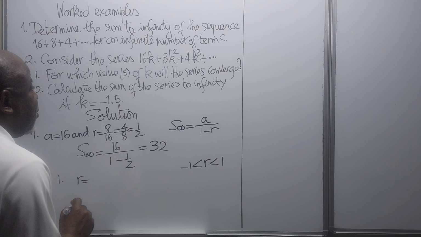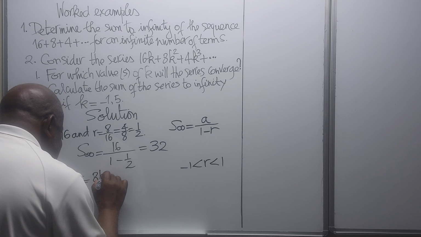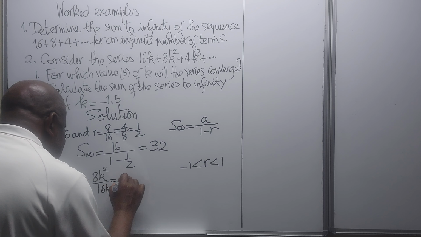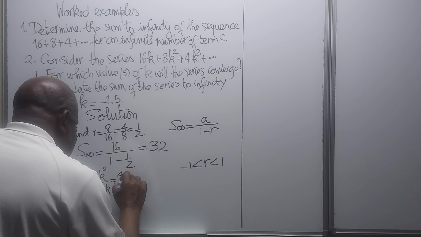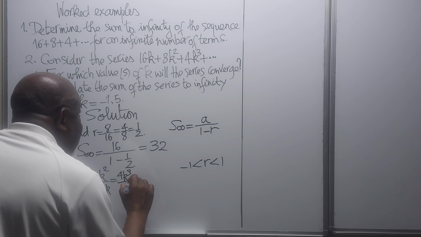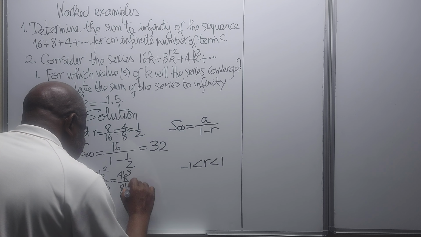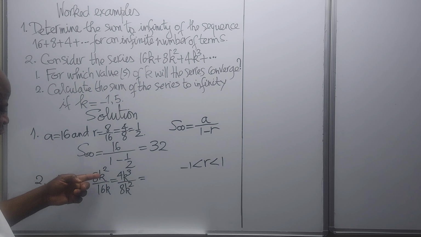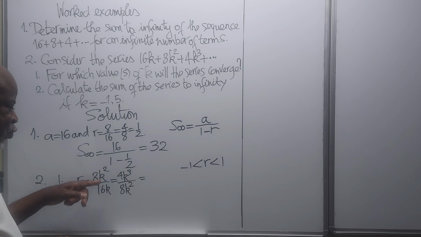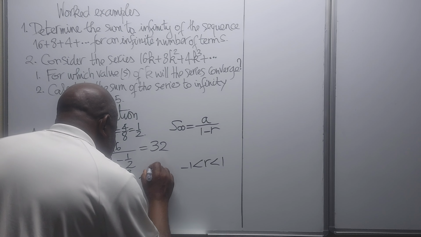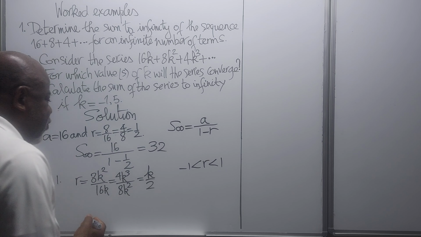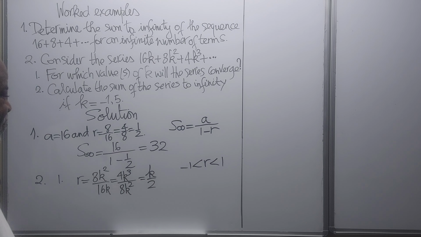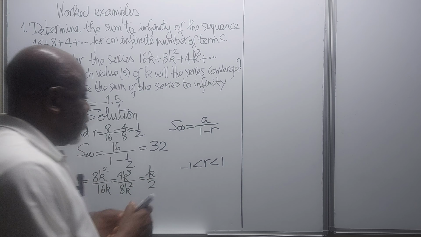R will be equal to 8k squared over 16k. This will be equal to 4k cubed over 8k squared. And after simplification, k squared by k, we're going to remain with k at the top and 2 at the bottom. So our common ratio is k over 2. And then we're going to apply this condition.